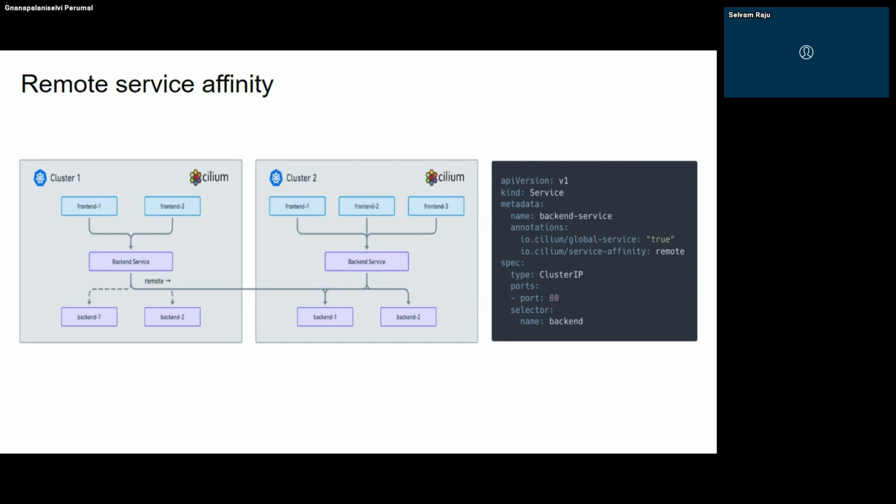It's basically similar to local service affinity; you just need to change the name local to remote. Other than that, it's the same. This is particularly useful when you need to upgrade or manage the application in a given cluster. Once the maintenance and upgrade are complete, we can flip back to local affinity again. It's simple to use and operate.